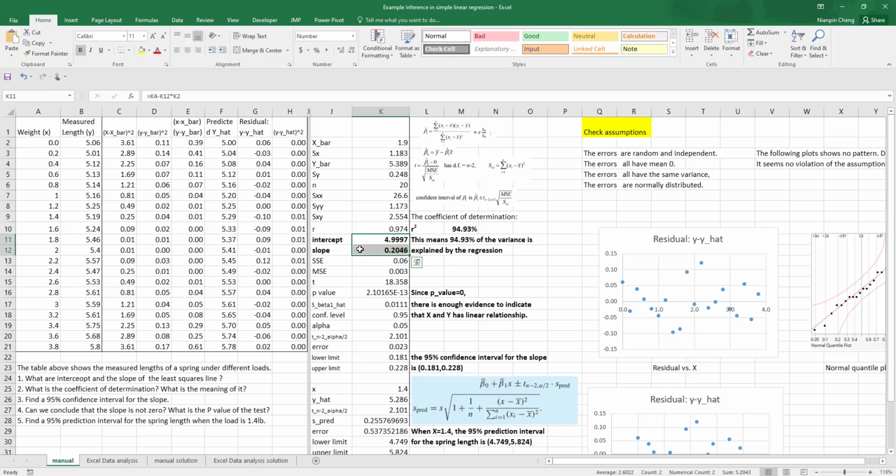This gives us the model. The model is beta 0 hat, the intercept, plus beta 1 hat x, where beta 1 hat is the slope.